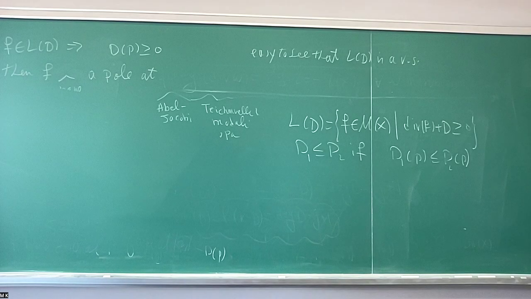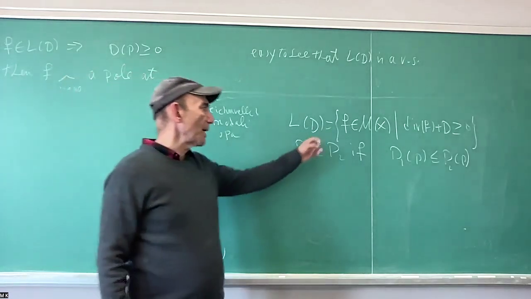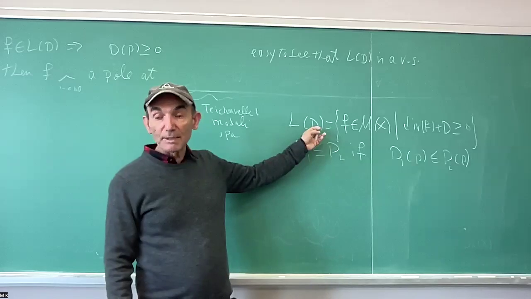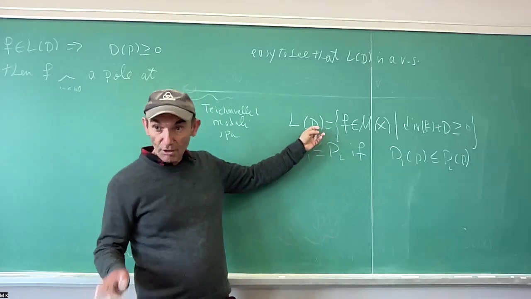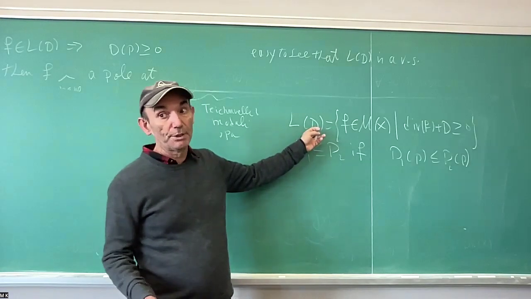Well, to understand that, I will show that divisors are nothing but holomorphic line bundles on the Riemann surface. And this L of D is basically the space of holomorphic sections of that line bundle, which is finite dimensional.